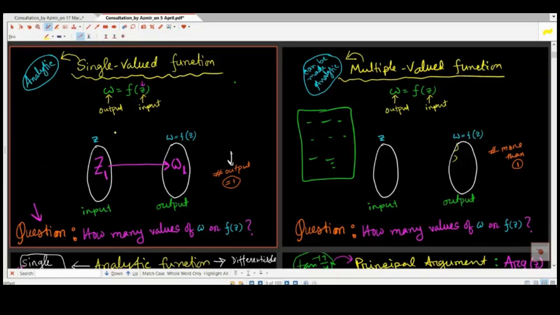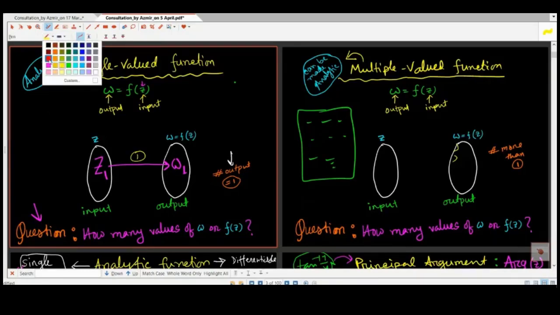If for this single input we get a single output, that means the number of outputs is 1, then we can say the function that we have is a single valued function. That means if we ask how many values of w we have, there is only one value of w for this z1.